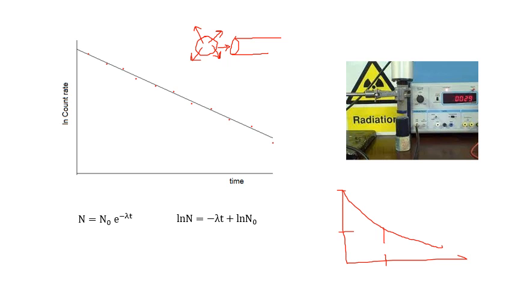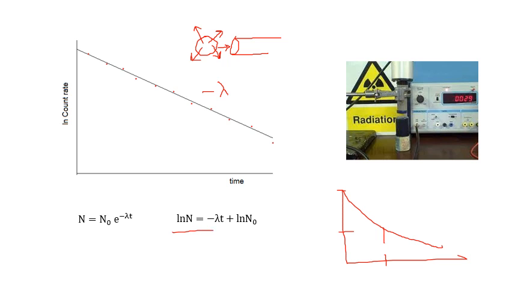A better way is if you actually plot the natural log of the count rate against time, and if it's an exponential decay, you get a straight line. You do a line of best fit. The points don't fit the line perfectly because decay is a random process. You can't predict exactly how many decays will happen every second, but you do a line of best fit, and then the gradient of this line is minus lambda.